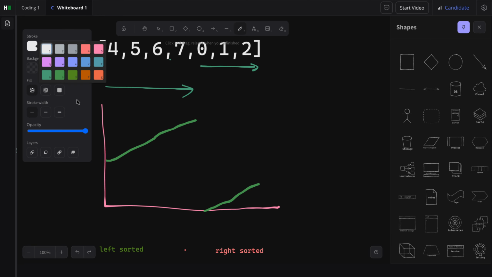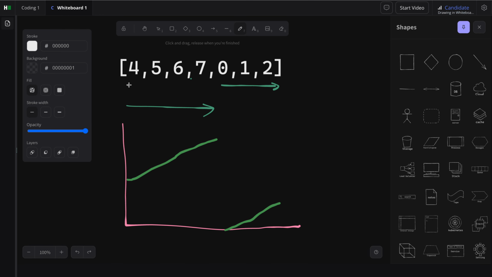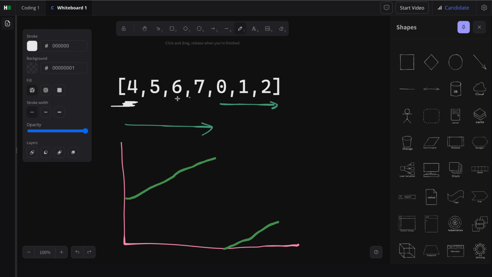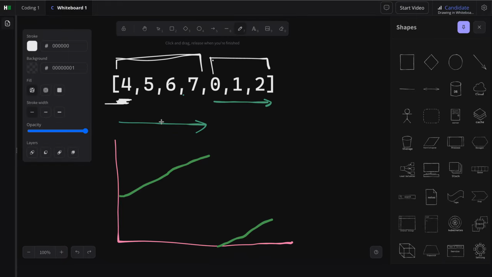They said to check the first element here, and check if the target is greater than this value. If it's greater than this value, then it has to be within this range over here. If it's not greater than this value, then it has to be in this range. But again, this is pretty specific to this example.